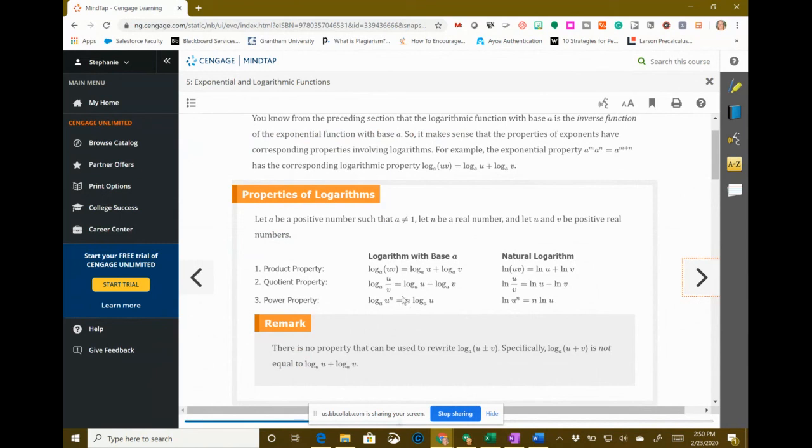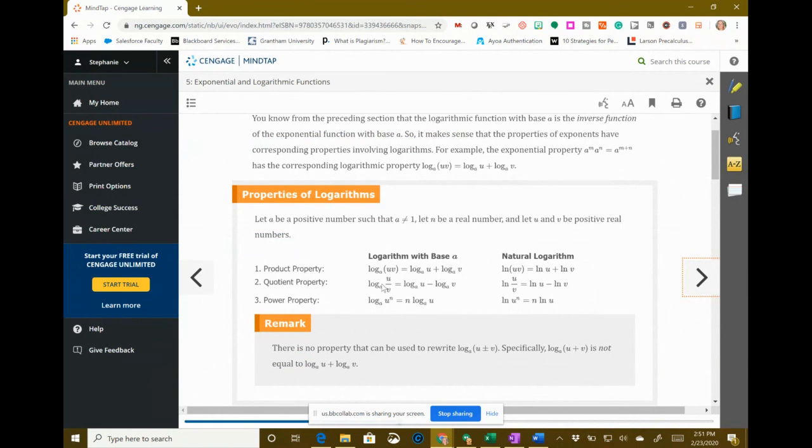But when you are expanding or condensing, you're also using this product property and the quotient property. The product property says if you have things that are multiplied, you split them up with addition. It's sort of like you're distributing that log through and then adding a plus sign between each term.